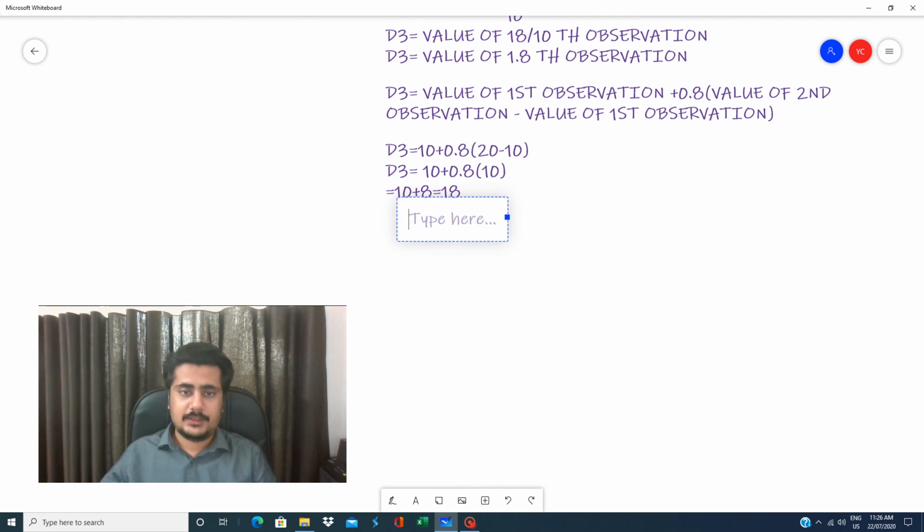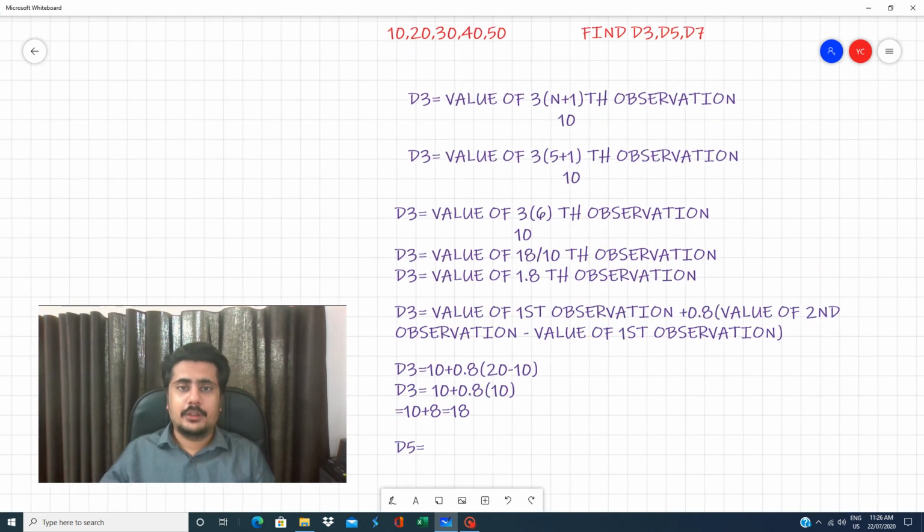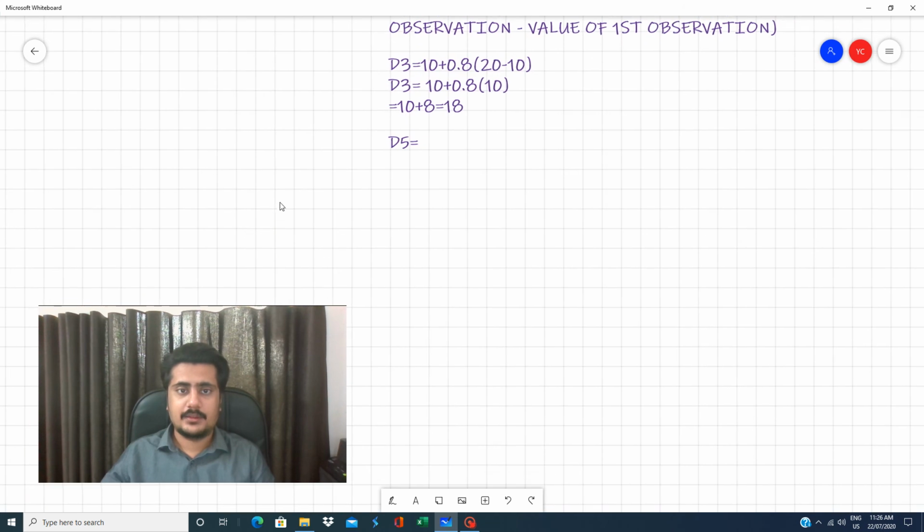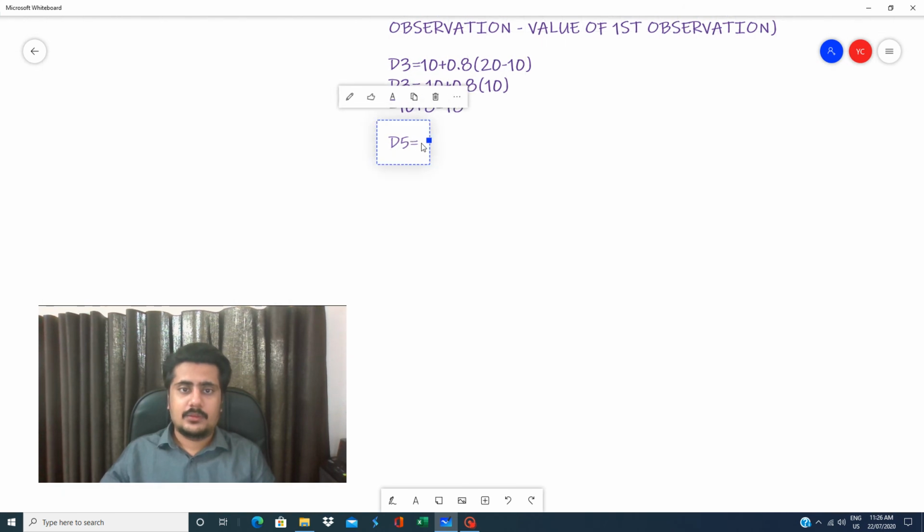Now in the same way let us find D5. What were we going to find? D3, D5 and D7. So let us find D5. What will be the formula here?